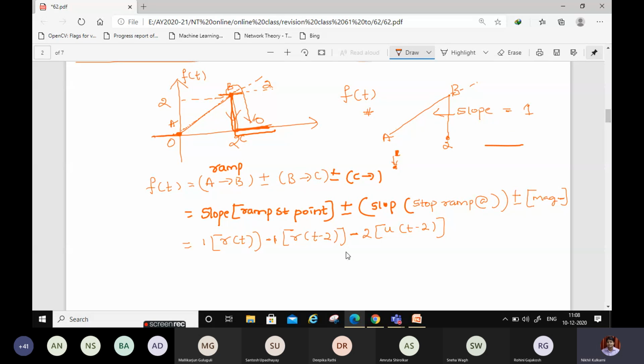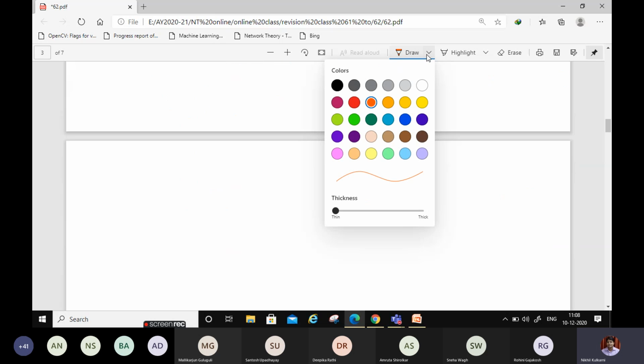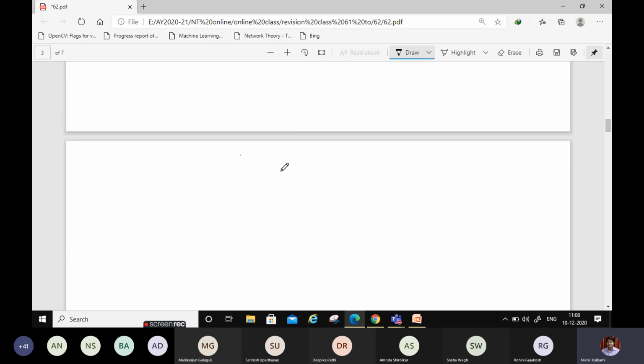I have given you many kinds of waveform synthesis methods, so whichever you feel easy, you can do that. And for the same question, if they ask you to synthesize it using a gate signal, then you multiply this with a gate signal which starts at 0 and ends at 2.